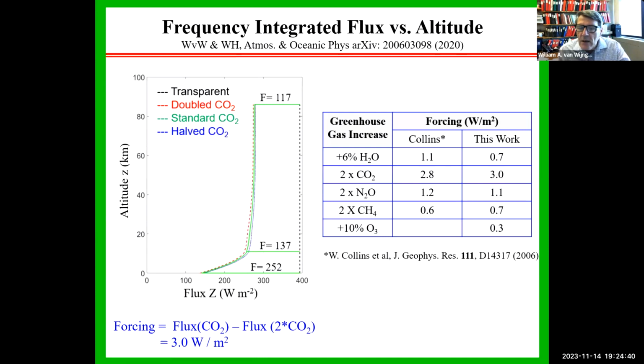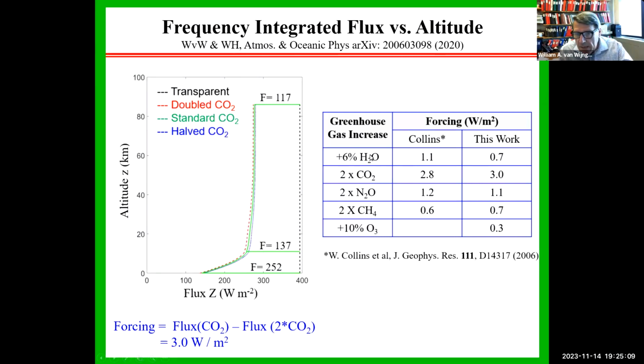And so the question is, how well does this compare to what others have calculated? When we double CO2, we get 3 watts per square meter. Some of the others have gotten 2.8. So we're actually worse than some of the climate folks. Doubling nitrous oxide, we get 1.1 watt per square meter. Others get 1.2. Doubling methane, we get 0.7. Others get 0.6. We've also considered what happens if we increase ozone.